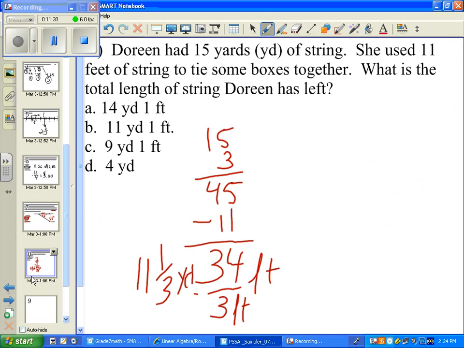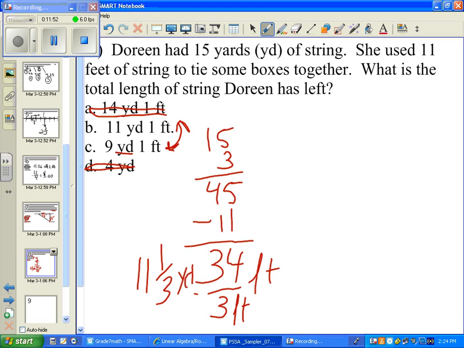She started out with 15 yards and she used 11 feet. Well, this is too much. This is too little. So it's going to be either of these two, 11 yards 1 foot or 9 yards 1 foot.